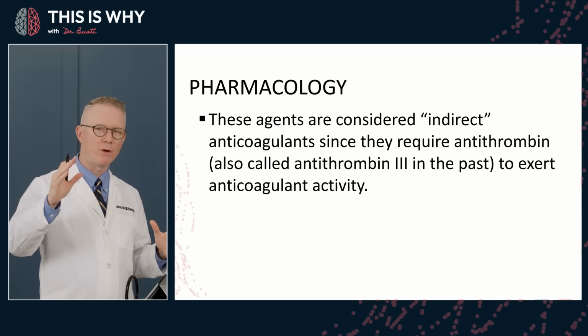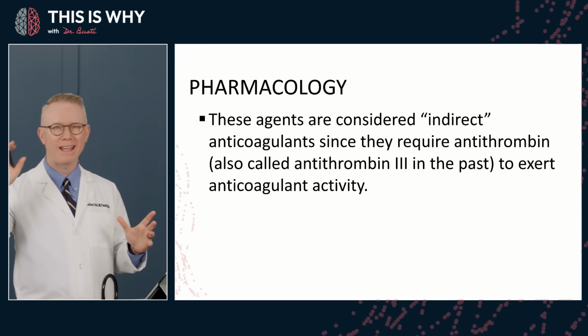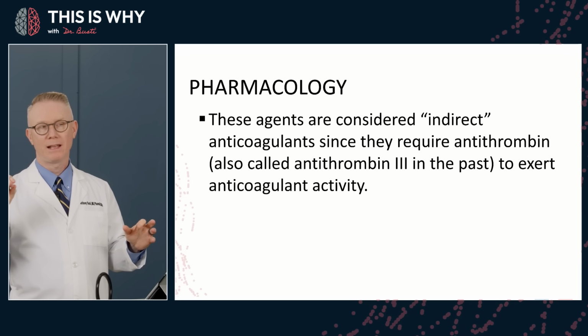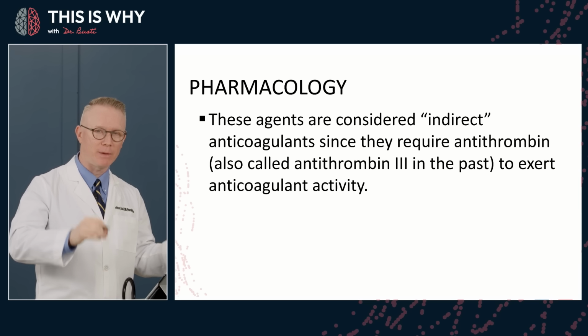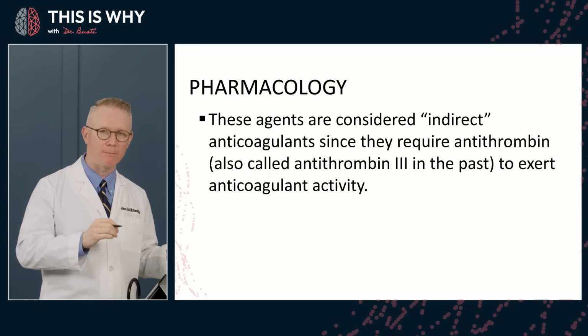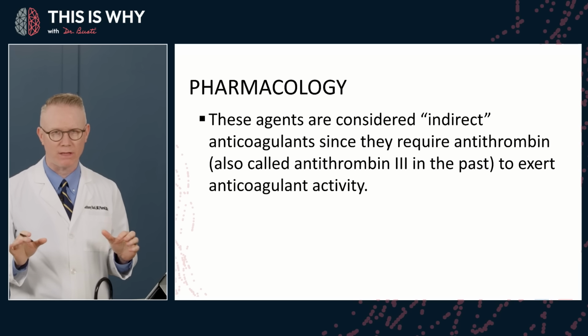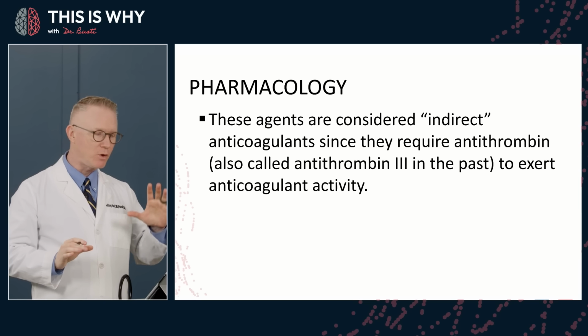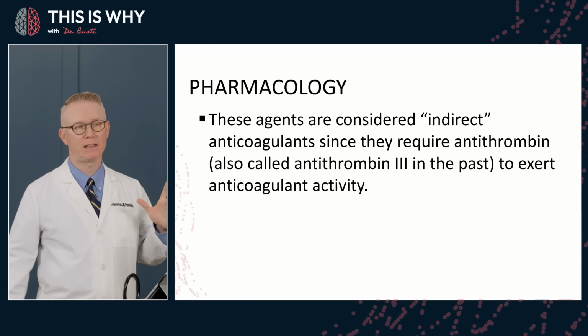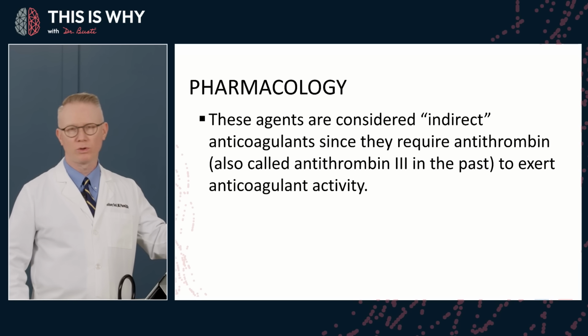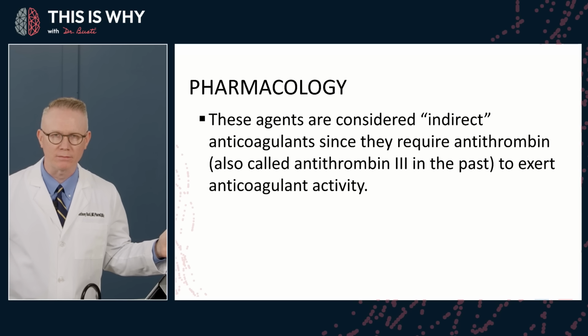Okay? But remember, these agents are indirect anticoagulants. What I mean by that is they need something to be present. That antithrombin must be there for that pentasaccharide sequence to bind to, and I'm getting ready to show you that. Now, if you read some older literature, you might see that antithrombin is also known as antithrombin 3. It's an older name, but it's essentially the same thing, okay?